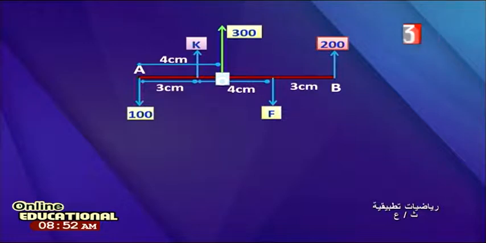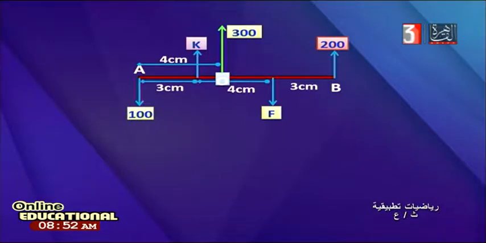How to find? We have resultant of the forces, forces up, forces down. Forces up equal 200, 300, forces down F plus 100, and there is unknown K upward.